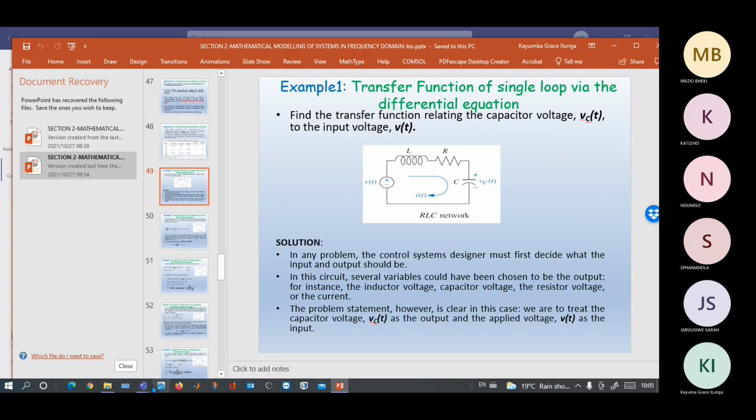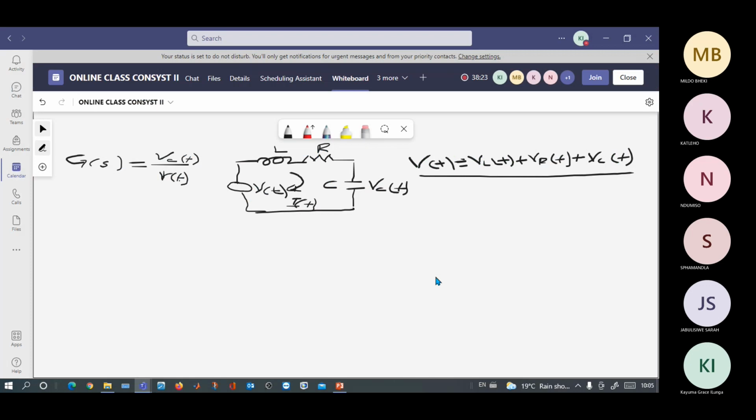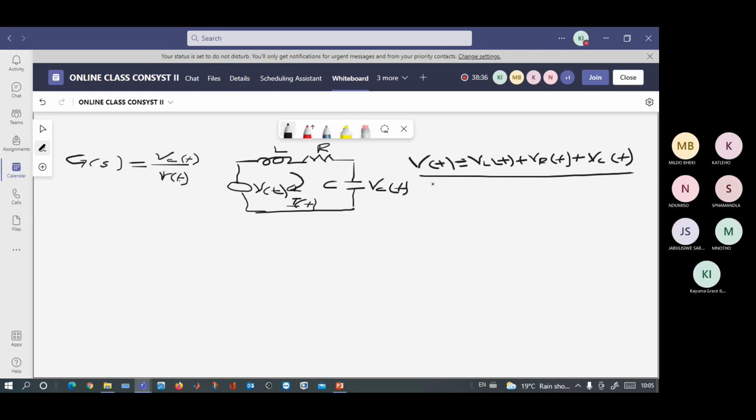Okay, so now we can write our equations. Are we together? Yes, sir. Let's write it here, on the same side. V_C(t) will be equal to what?